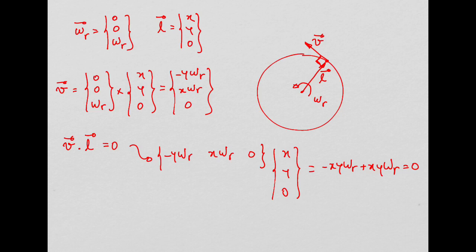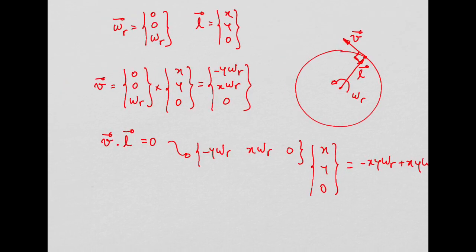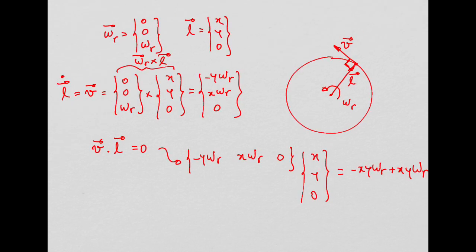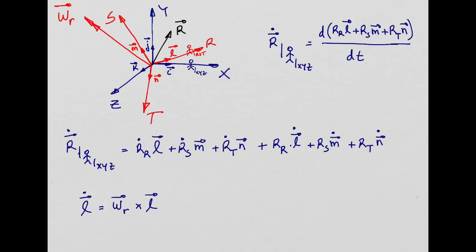The velocity of L, or L dot, is going to be equal to V, right? So this is the same as L dot, and what you have here is WR cross product with L. That's exactly what I am doing here.